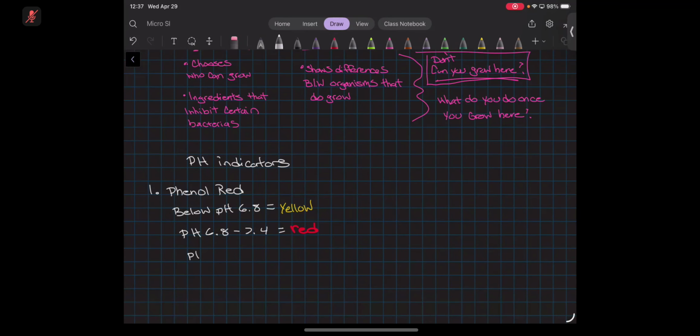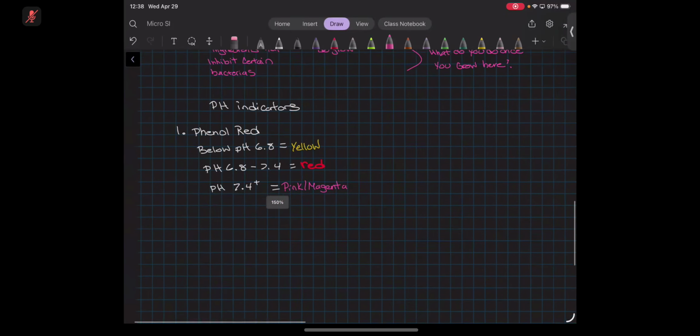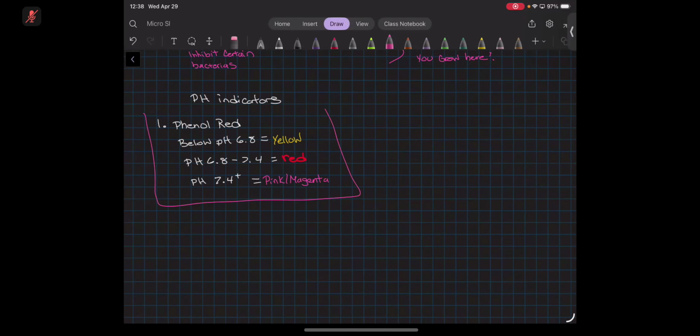And then pH of 7.4 plus is gonna equal pink or magenta. Are these 1, 2, 3, or is this 1A, 1B, 1C? No, so this is all phenol red.